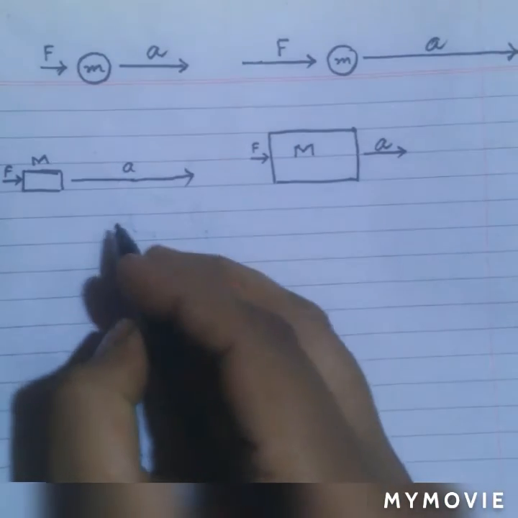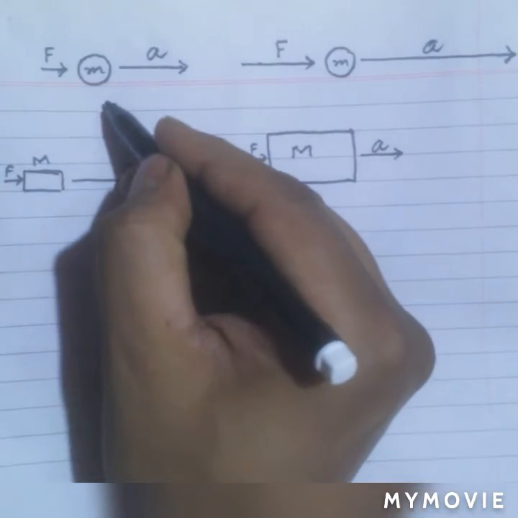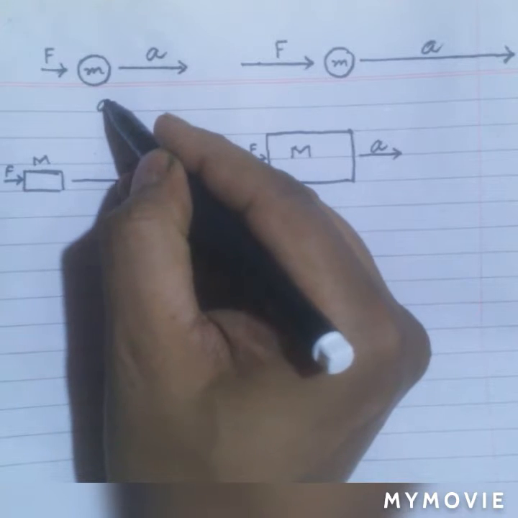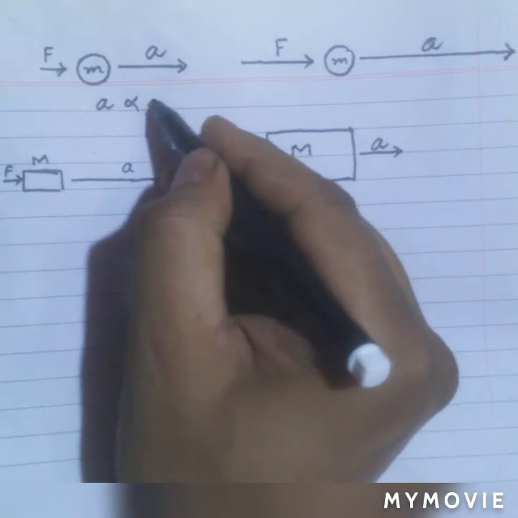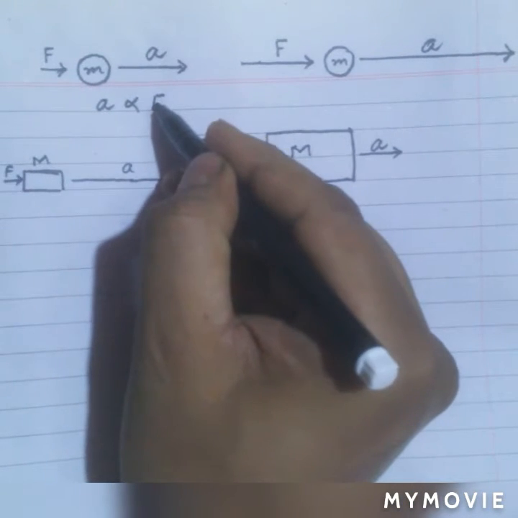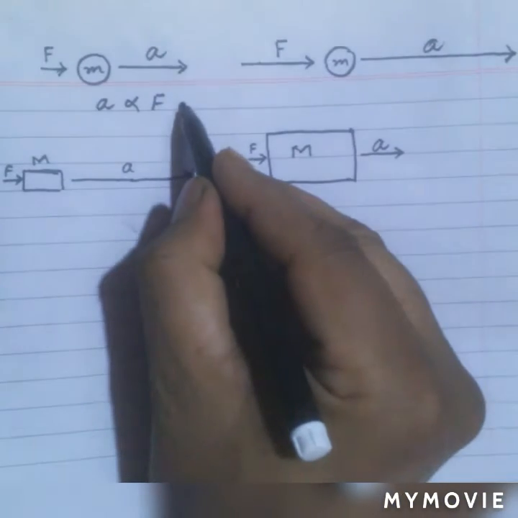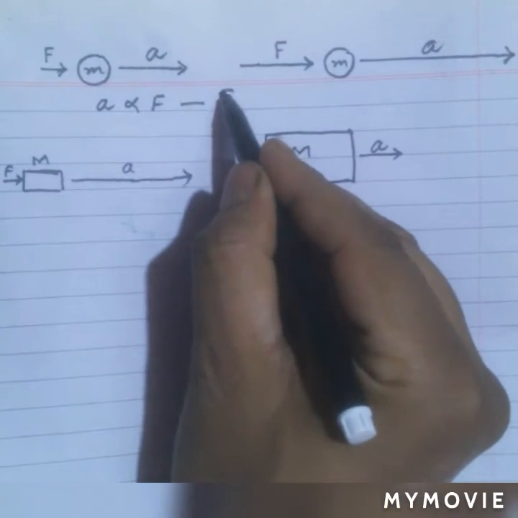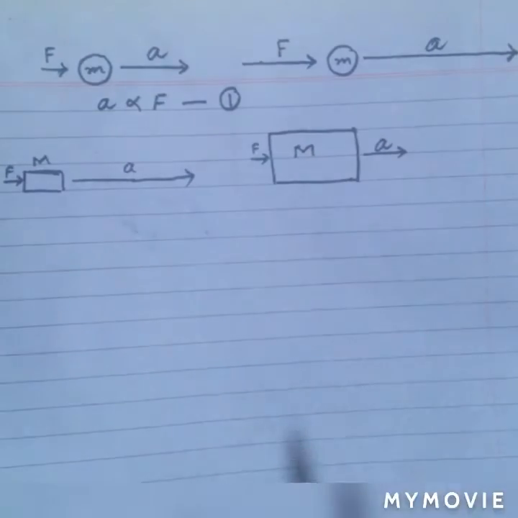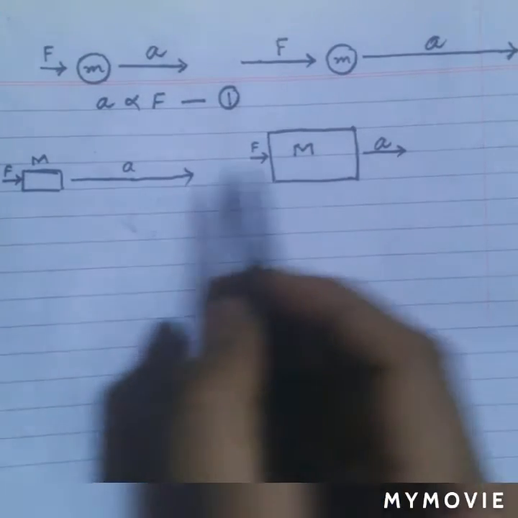So this part of Newton's second law of motion can be expressed in this way, that acceleration depends directly on the amount of force applied on the object. So this can be taken as our first equation of motion.